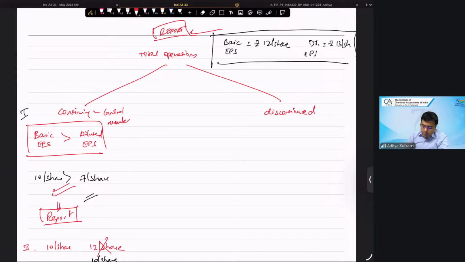The distortion that happens here is purely on account of discontinued operations, not continuing operations. So if your continuing operations has a normal EPS where diluted is lower than basic, stick to that. Do not be worried about the case for total operations. Are you able to follow?